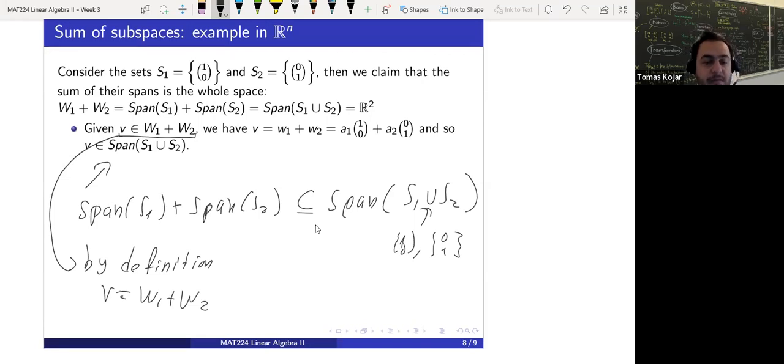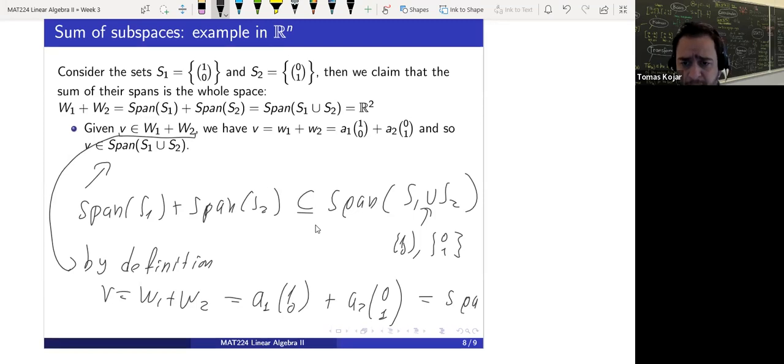That's all. But then we know that each one of them is a spanning set, so you can write it as A1 times (1, 0) and then A2 times (0, 1). This is exactly the definition of the span of two vectors, (1, 0) and (0, 1).